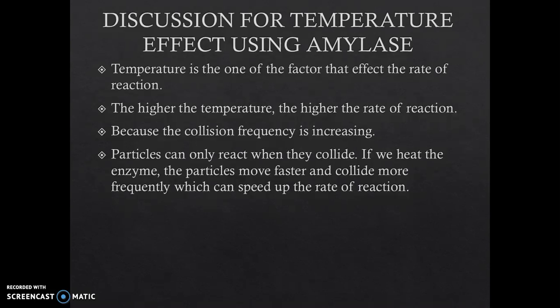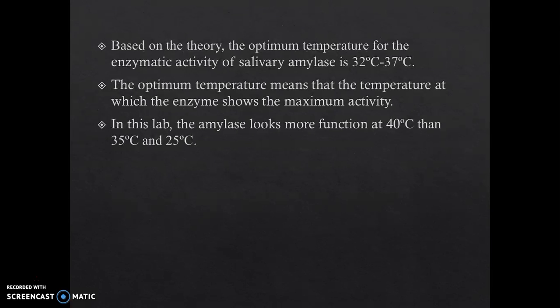If we heat the enzyme, the particles move faster and collide more frequently, which can speed up the rate of reaction. Based on the theory, the optimum temperature for the enzymatic activity of salivary amylase is 32 degrees Celsius to 37 degrees Celsius. The optimum temperature means the temperature at which the enzyme shows the maximum activity.